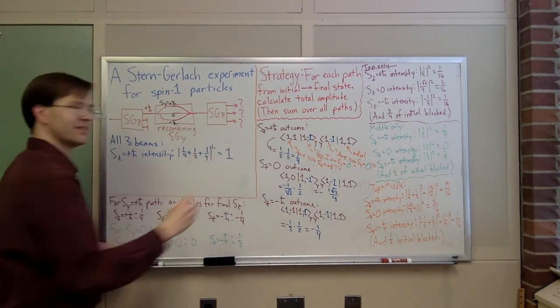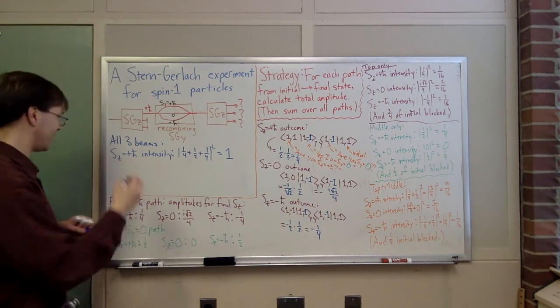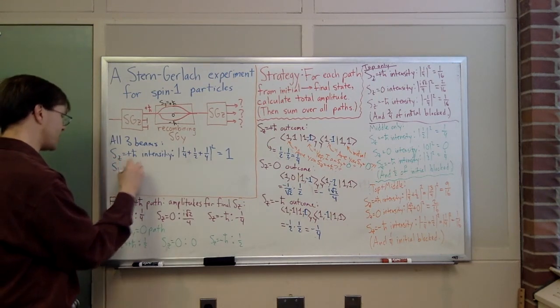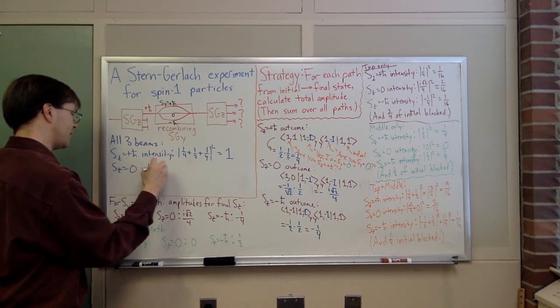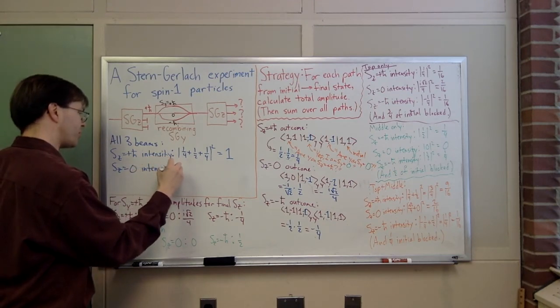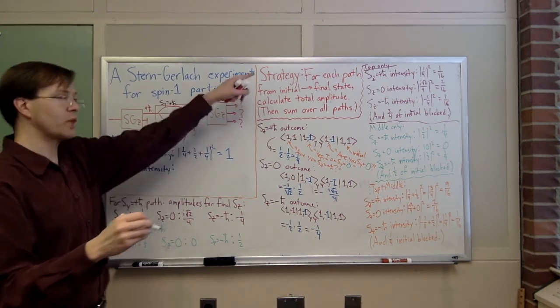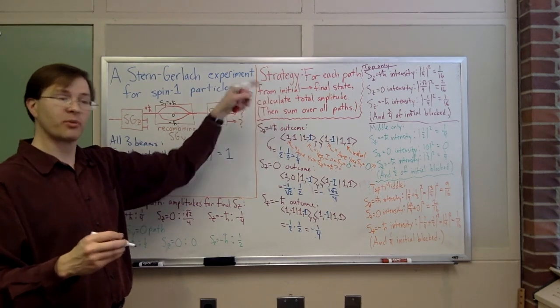That's just 1. All right, already this looks promising. Sz equals 0 intensity. Again, we add up the 3 amplitudes for the 3 paths because there are 3 paths to get there. We add their amplitudes before squaring.